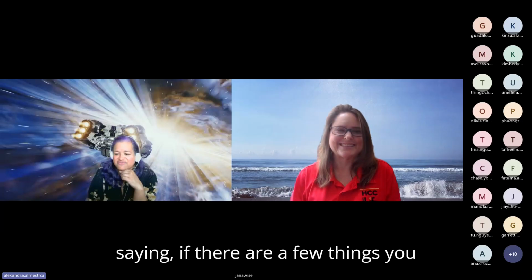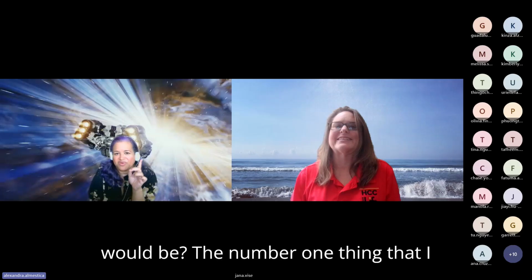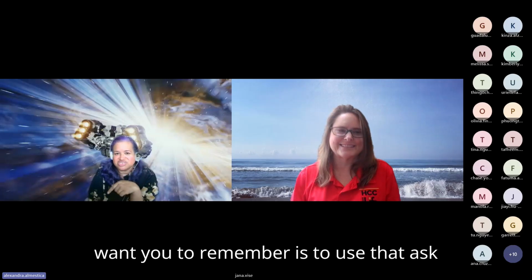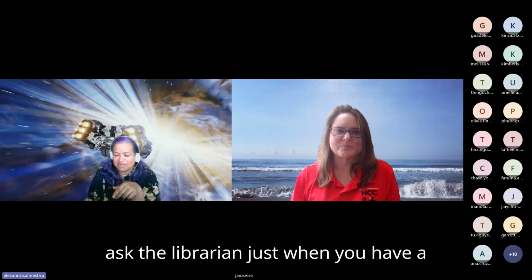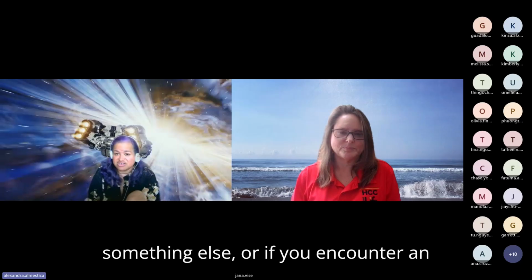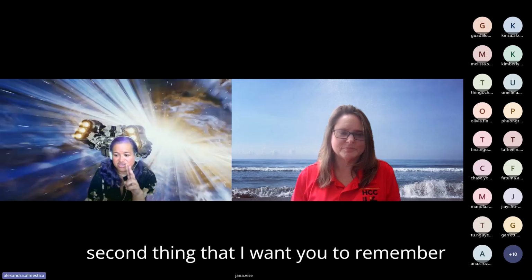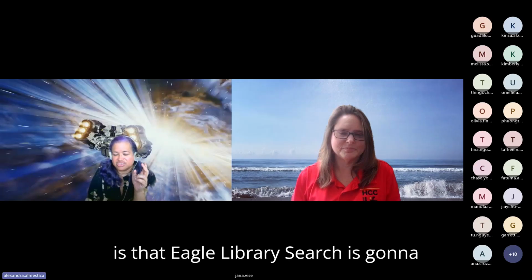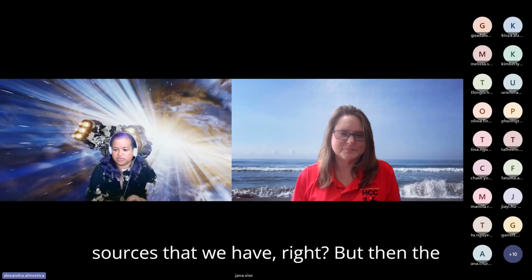Guadalupe is asking, if there are a few things you want us to remember for today, what it would be? The number one thing that I want you to remember is to use that Ask Online feature to ask the librarian when you have a question, or if you can't figure out something else, or if you encounter an issue with the website. The second thing is that Eagle Library Search is going to give you a general overview of the sources that we have, right?